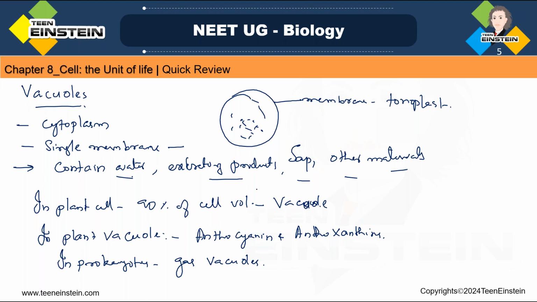Then in plant cells, you can see large vacuoles. While learning about the difference between plant and animal cells, we mentioned this. That means 90% of the cell volume is occupied by the vacuole. And in plant vacuoles, you can see pigments like anthocyanin. In prokaryotes, you can see gas vacuoles. Clear?